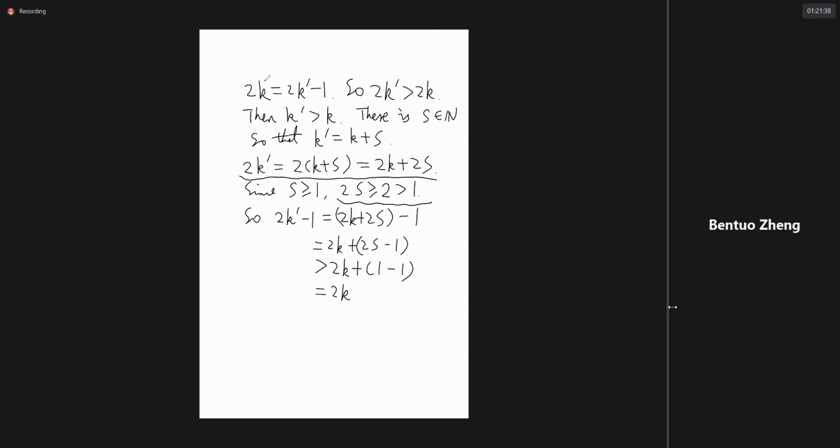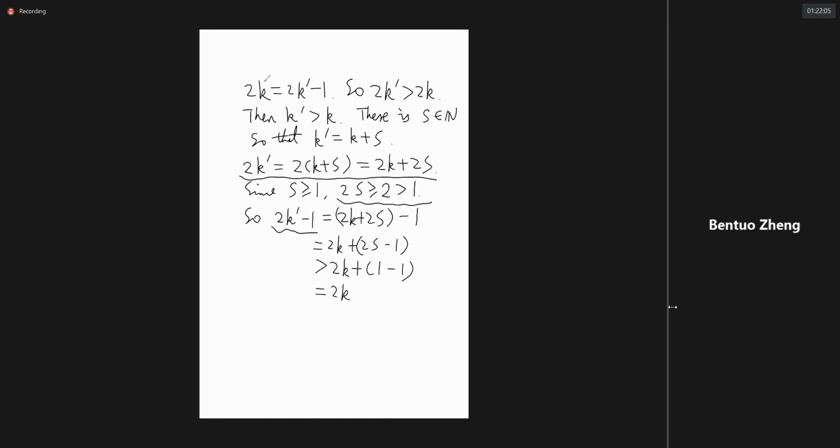Okay, so what you actually get is, in this situation, you compute 2k prime minus 1. 2k prime minus 1 is equal to 2k plus 2s minus 1. But 2s is greater than 1, so 2k plus 2s minus 1 is greater than 2k plus 1 minus 1, which is equal to 2k.